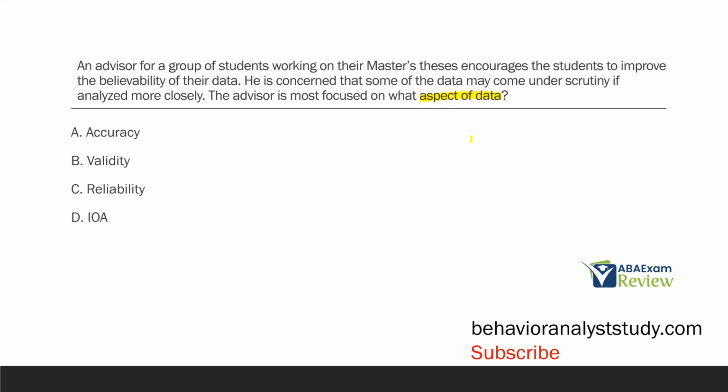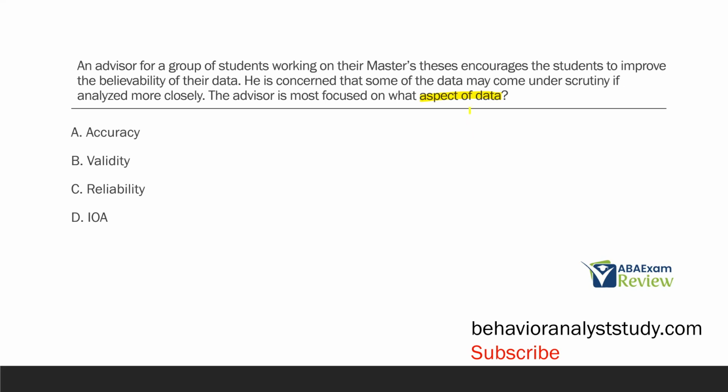If your data is accurate and you're measuring what actually occurred, and it's valid, you're actually measuring what you intend to measure, and it's reliable, meaning you can measure the same thing over and over again, you still want it to be believable. If it isn't believable, then when you're trying to explain it to a research committee or a stakeholder, you're going to have an issue.